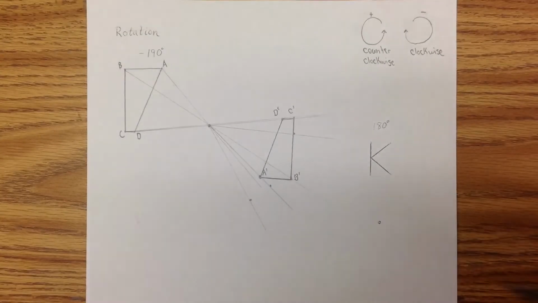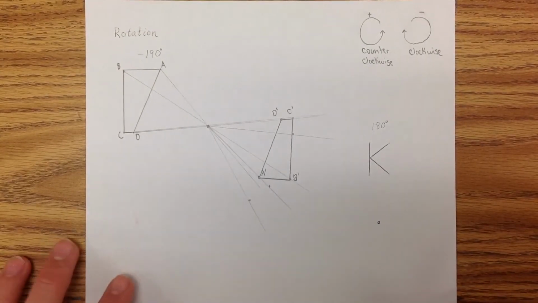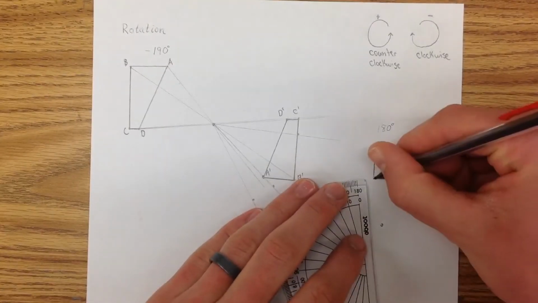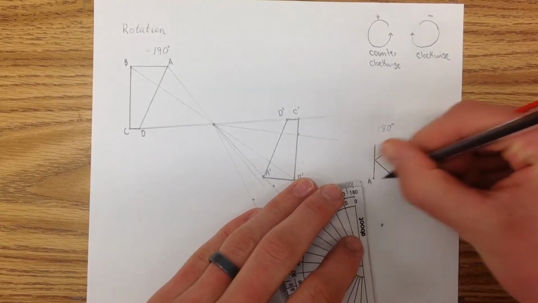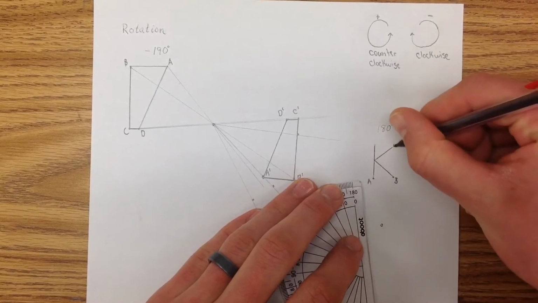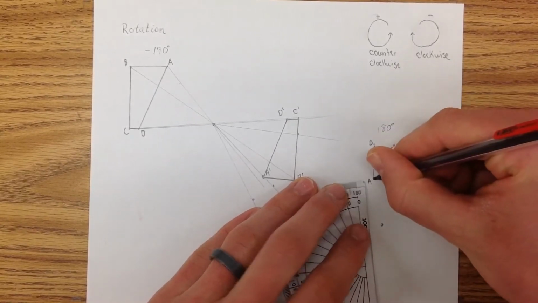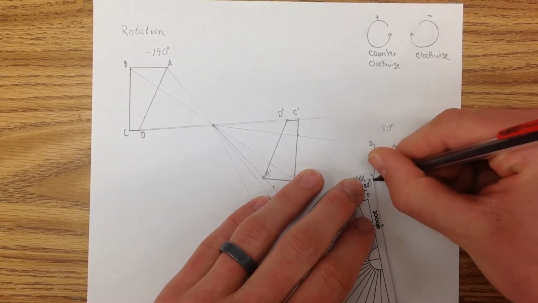All right. So this one, 180 degrees. That one's a little simpler because it's straight across. So again, I'm going to label this A, B, C, and D. And this one, draw through.